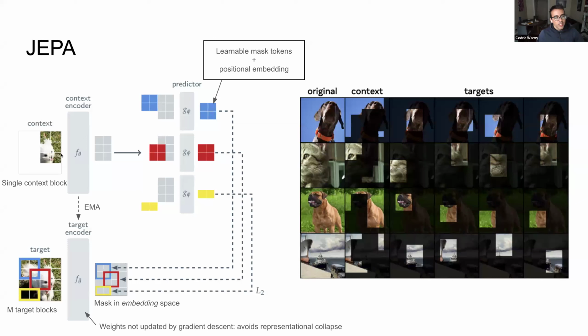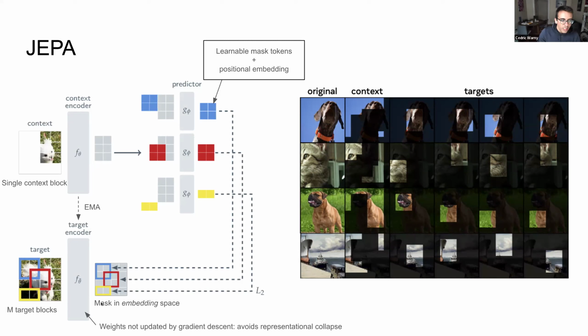And a block is simply a set of contiguous tokens. So here you pick a context, which is just a block of tokens from your image. And there's only one. You only use a single context block. And on the target side of things, you encode the entire image, actually.